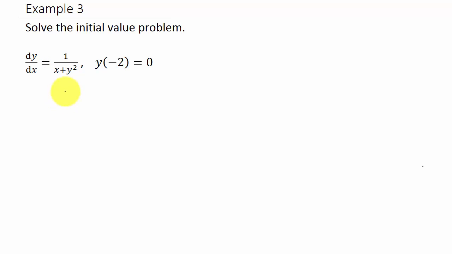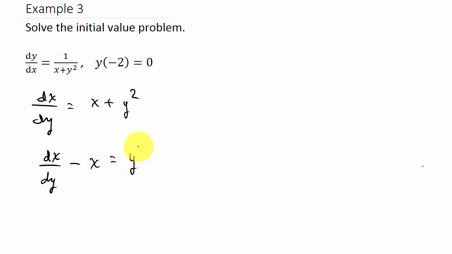Looking at this, if we take the reciprocal of both sides, that gives me dx dy equals x plus y squared, and then I move the x over, that's dx dy minus x equals y squared. So this differential equation is linear in the variable x.